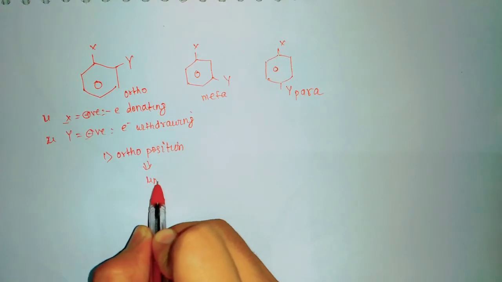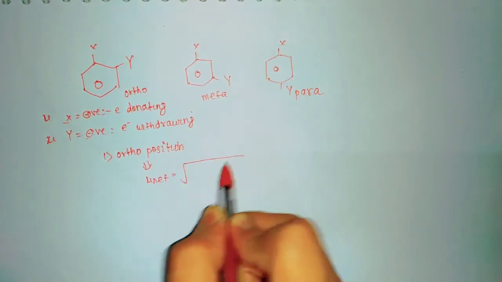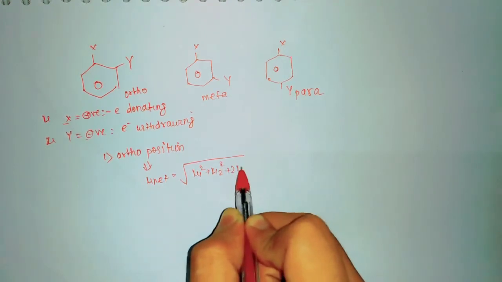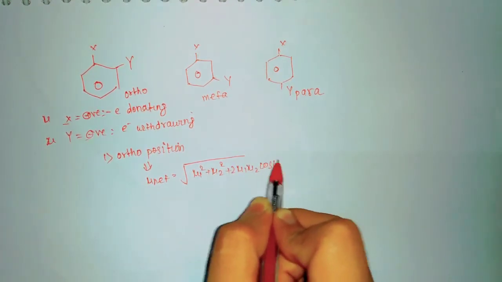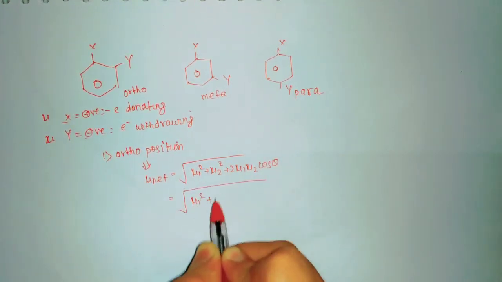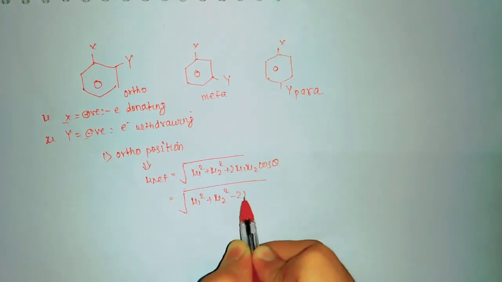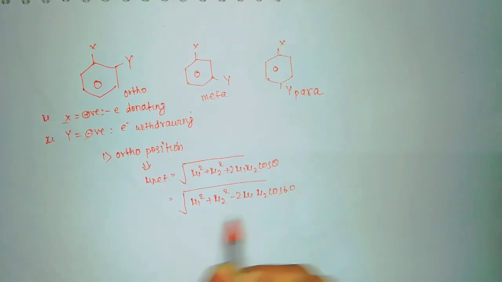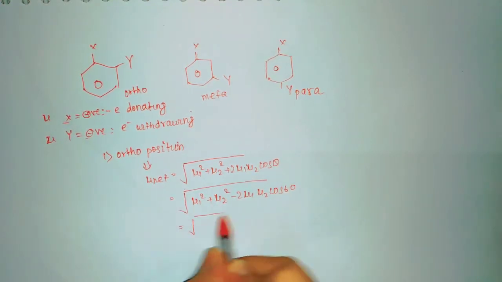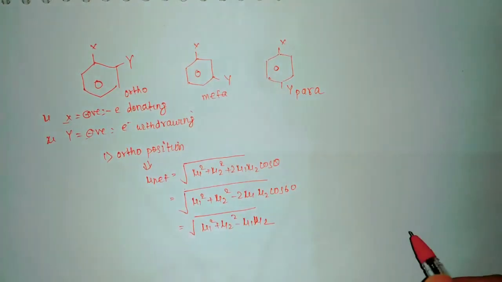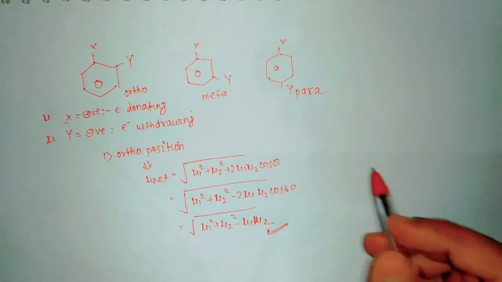Mu net is under root of mu1 square plus mu2 square plus 2 mu1 mu2 cos theta, which equals under root of mu1 square plus mu2 square minus twice mu1 into mu2 cos 60, which is under root of mu1 square plus mu2 square minus mu1 mu2. So that is the net dipole moment in the ortho position.